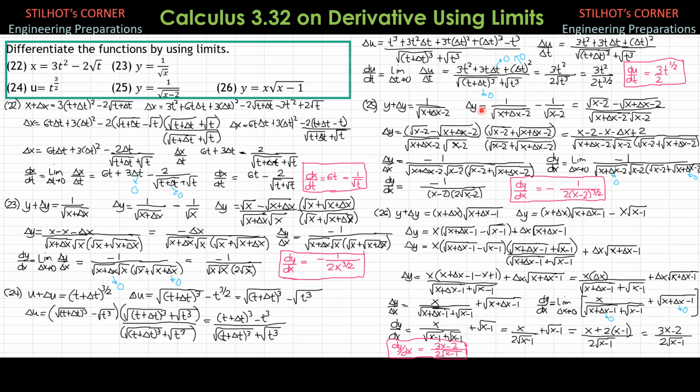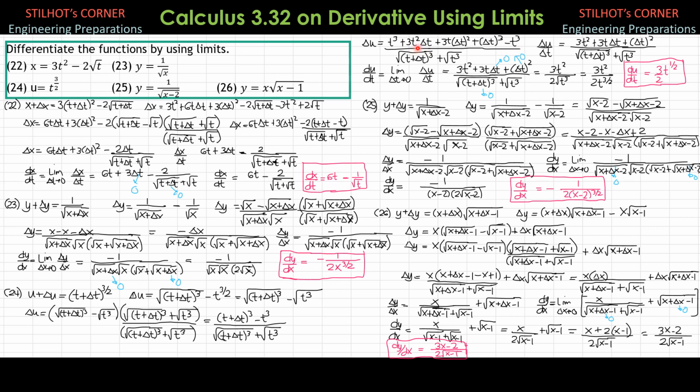So expanding, t plus delta t quantity cube is t cube plus 3t squared delta t plus 3t delta t quantity square plus delta t cube. Then minus t cube all over, copy the denominator. So we can eliminate t cube, negative t cube.